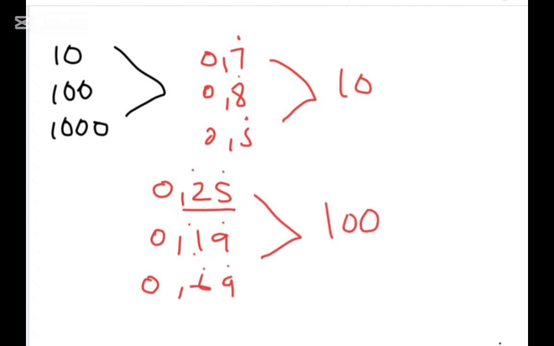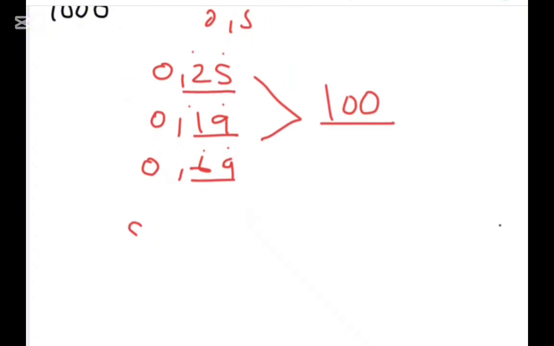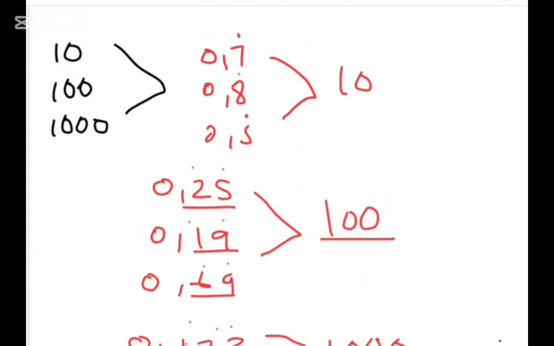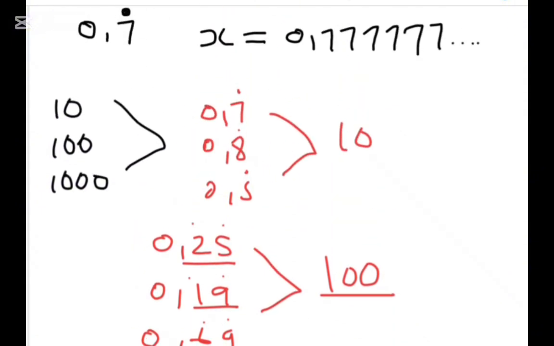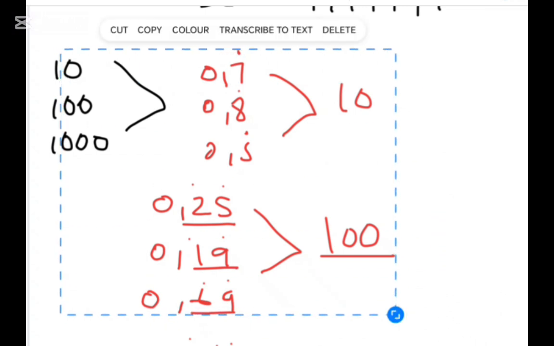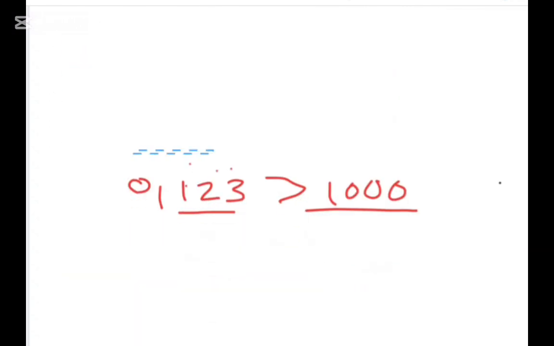When there are three recurring digits, you multiply by 1000. Keep that in mind always. It does not change. It's always the same thing over and over again.